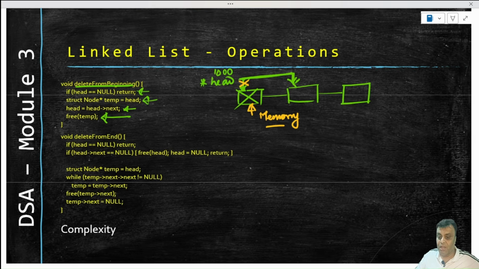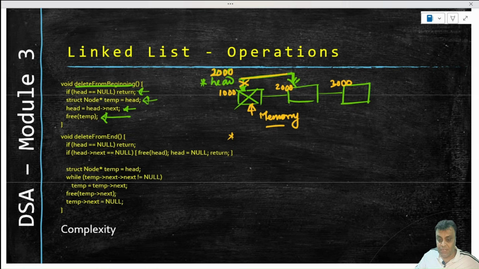While your head is pointing to, let's say, if this was 1000, this is 2000, and this is 3000, head is now pointing to 2000. Head has not taken care of this particular memory being released. Just the pointer moved. This node is still there in memory. Somebody has to free this node.